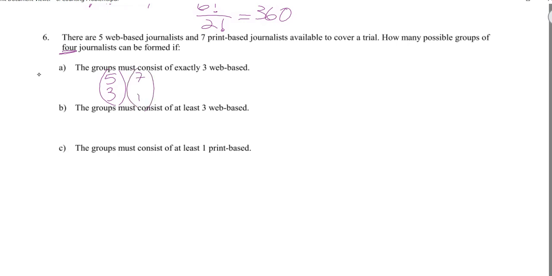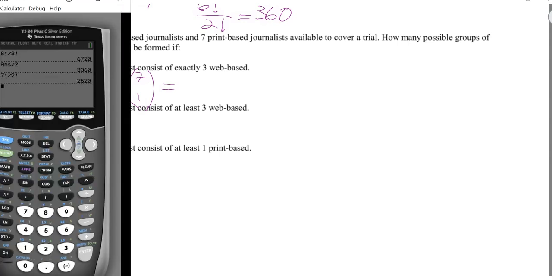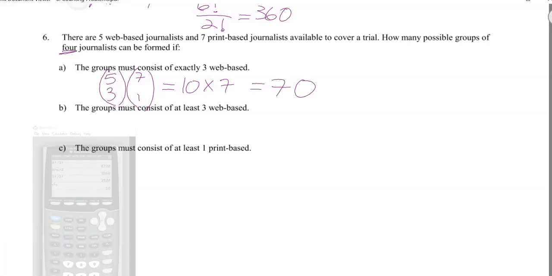There are 12 in total, we need 4. So 5 choose 3 times 7 choose 1. Now anything choose 1 is just the number. So 5 choose 3 is 10, so this will be 10 times 7, which is 70.